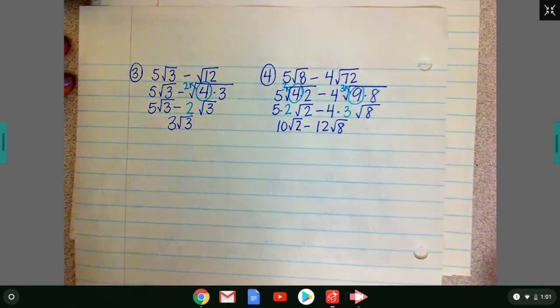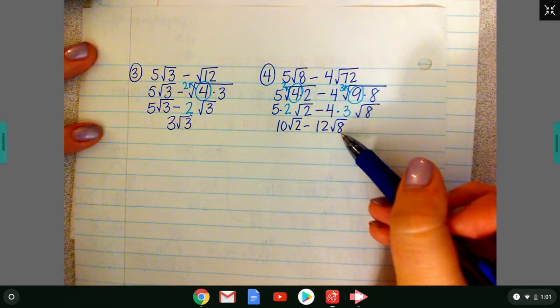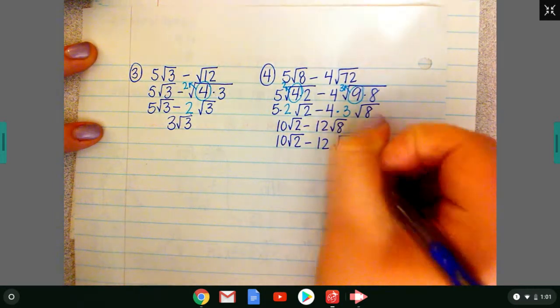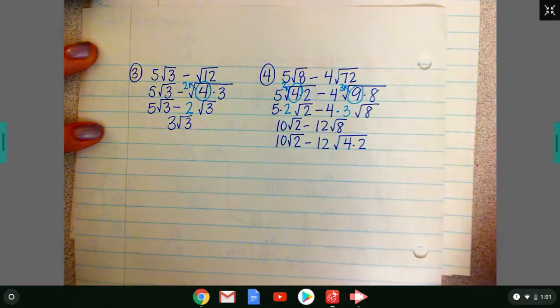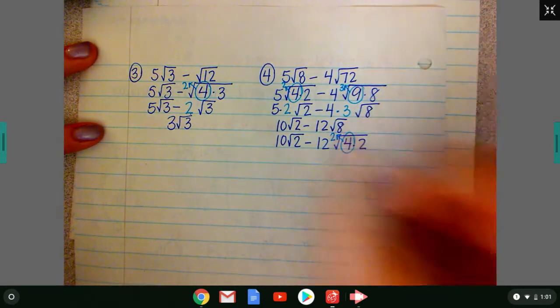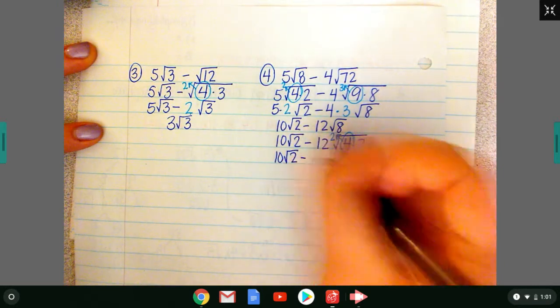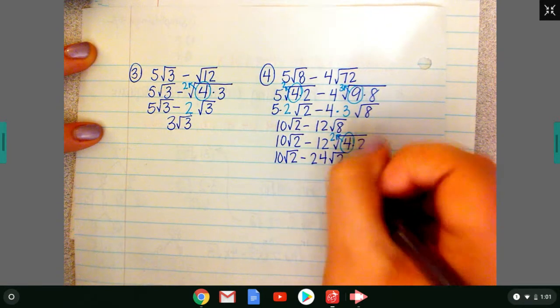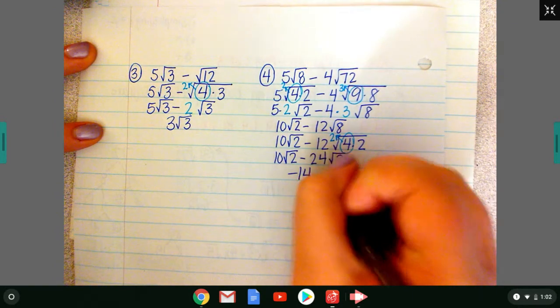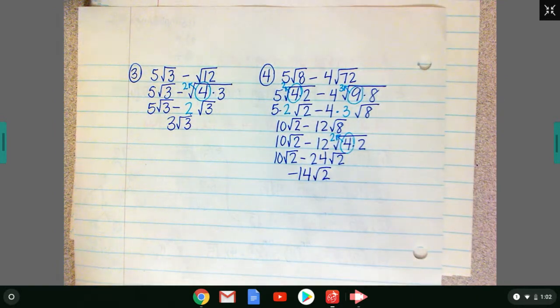Still not like, but I can mess with this 8 a little bit more. Because 8 is 4 times 2. So let's pull another perfect square out. So we've got 10 root 2 minus 24 root 2. And now they match. 10 of these minus 24 of these is negative 14 of these root 2s.